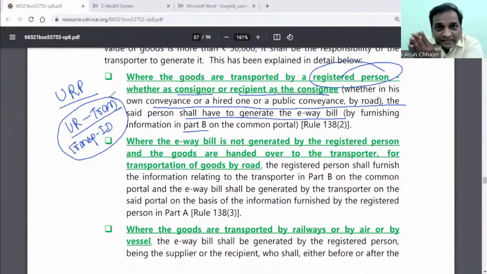They cannot be relaxed by saying, because I do not have a GST number, I cannot generate the e-way bill. No, all such possibility has been removed. A registered person can generate the e-way bill, an unregistered transporter can generate the e-way bill, even a citizen can also generate the e-way bill. Means the statement is not correct that only a registered person can generate the e-way bill.